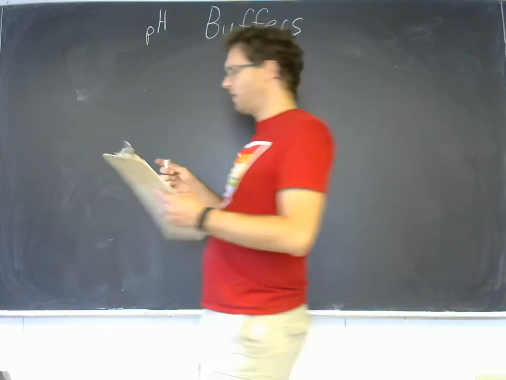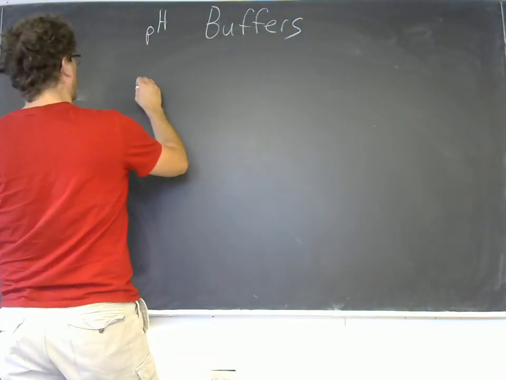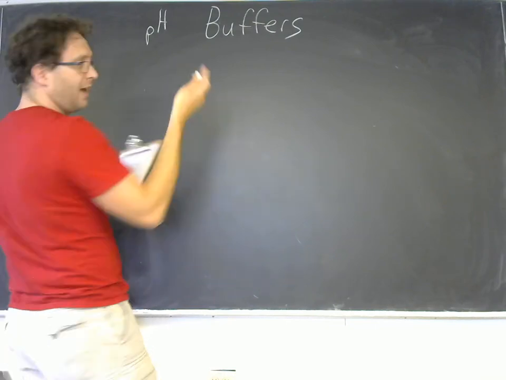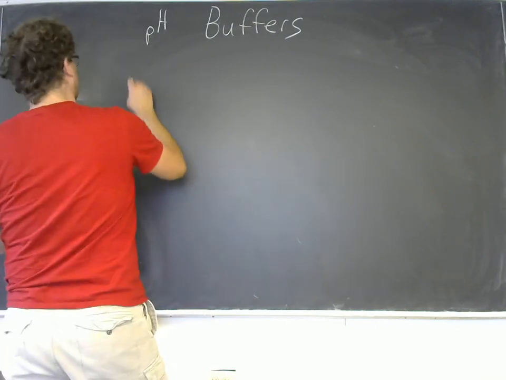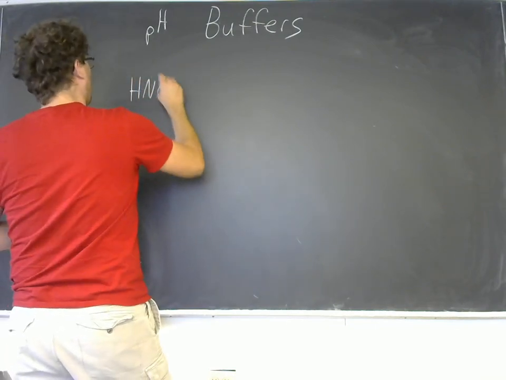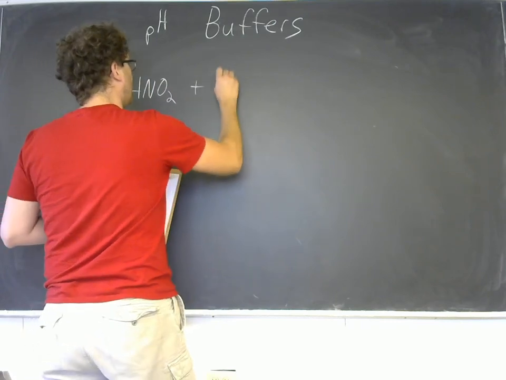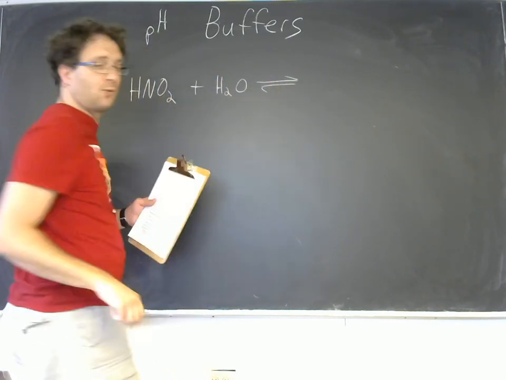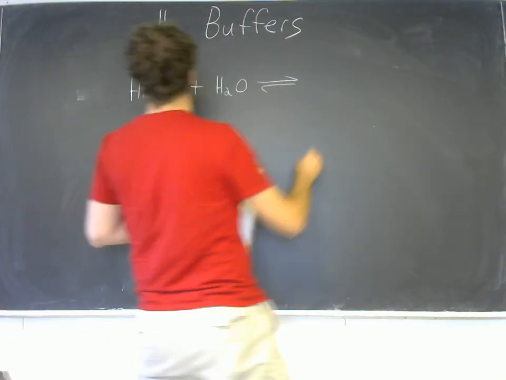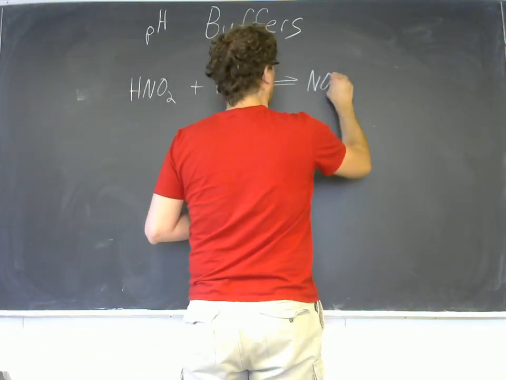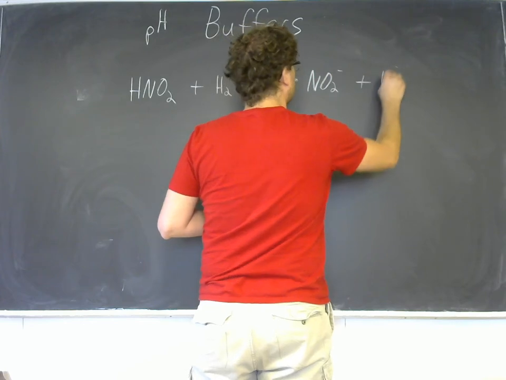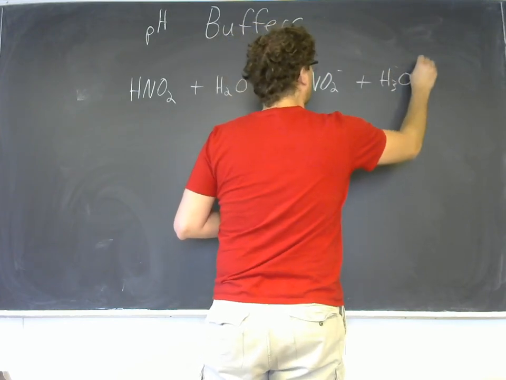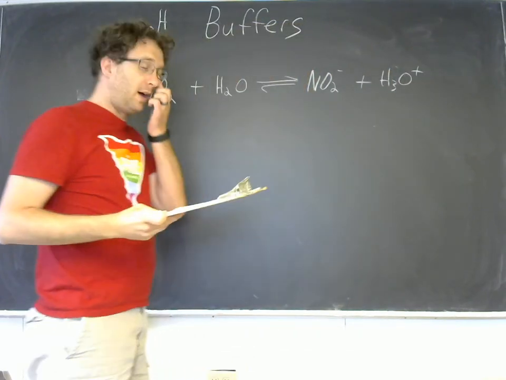So first of all, let's consider the reaction of nitrous acid with water. So if I have HNO2 plus H2O, nitrous acid is a weak acid, so we'll be in equilibrium with NO2 minus plus H3O plus.